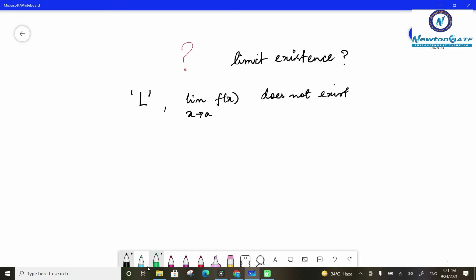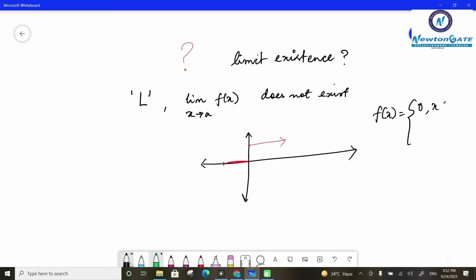For example, let us take a function where f(x) is 0 when x is less than 0, and 1 when x is greater than 0. So f(x) is equal to 0 when x is less than 0, and it is 1 when x is greater than 0.